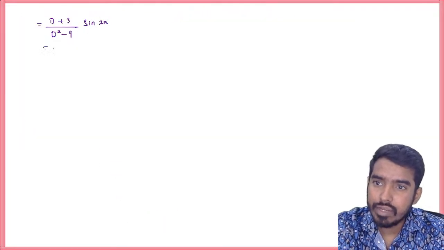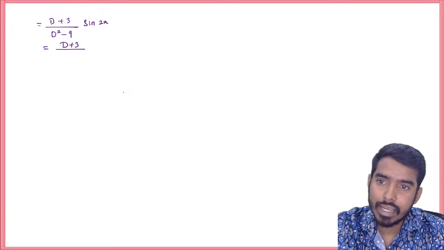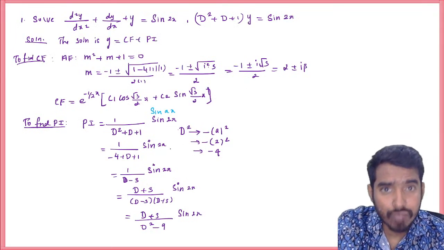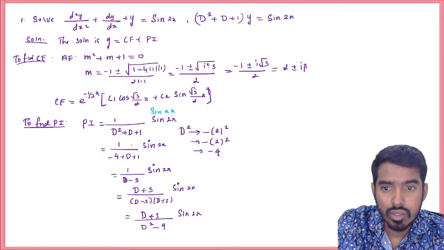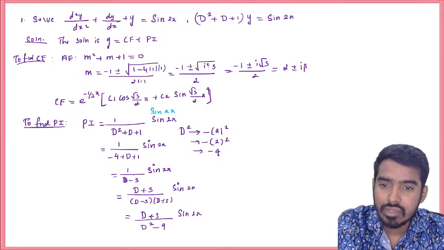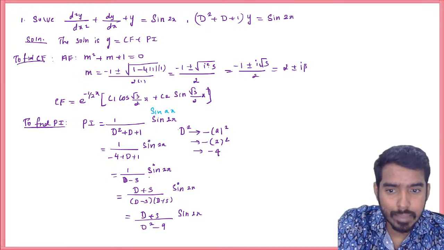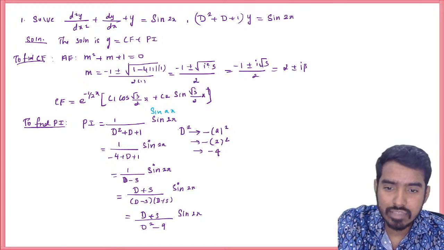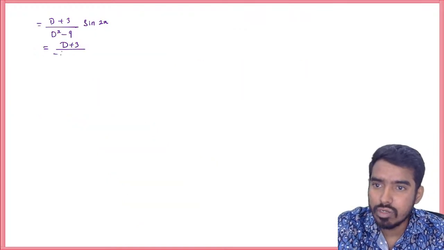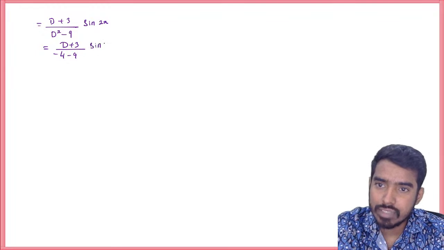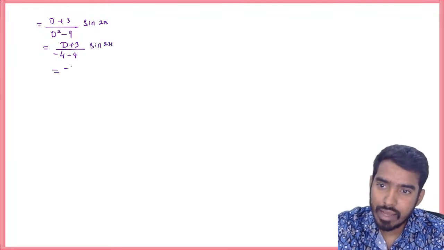And we know D square is minus 4. So whenever you find D square, substitute that to be minus 4. We have substituted minus 4 here, so we have got D minus 3, multiplied by its conjugate. Again you replace D square to be minus 4, so we have minus 4 minus 9 of sin 2x. So we have minus 1 by 13 times D plus 3 of sin 2x.